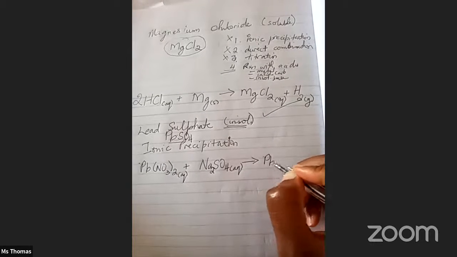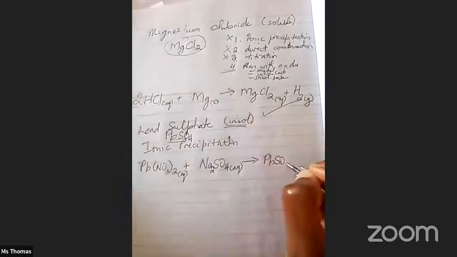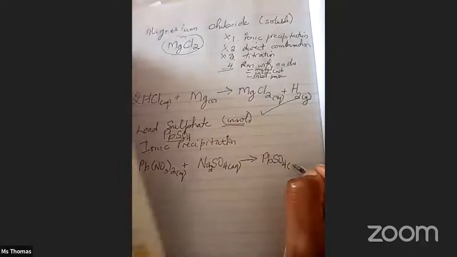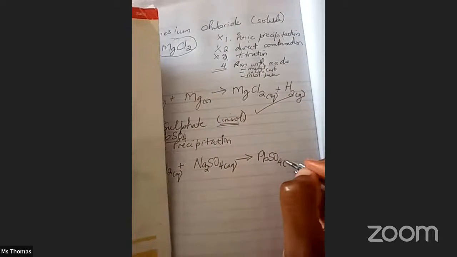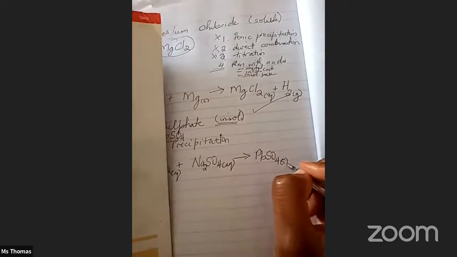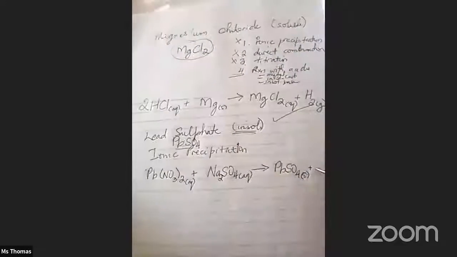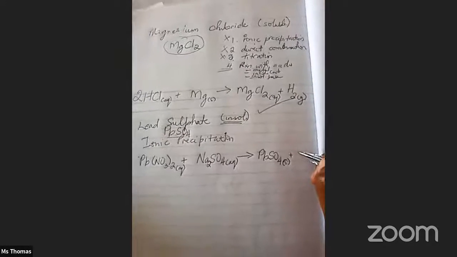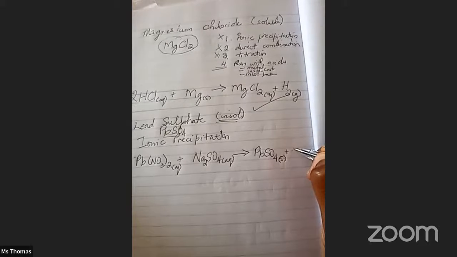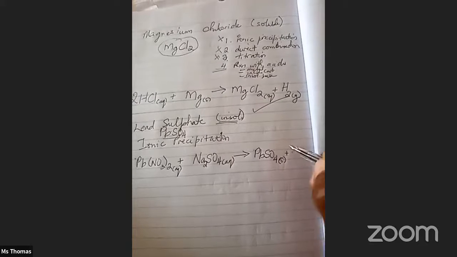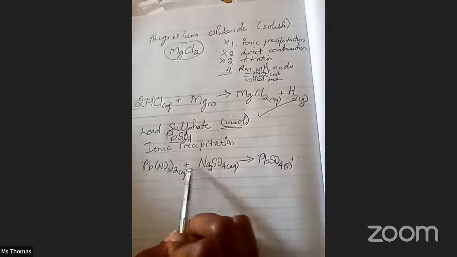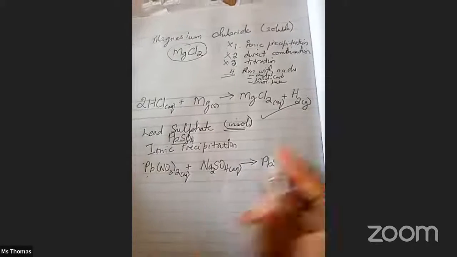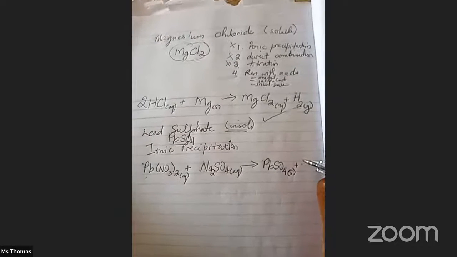So you're going to get lead sulfate, and what is going to be the state symbol I'm putting beside it? S. Why? Because it's insoluble, right? It's a precipitate. And then what is the next salt that's going to be produced? So when you take out lead sulfate, what is left? Tell me, Ravi.